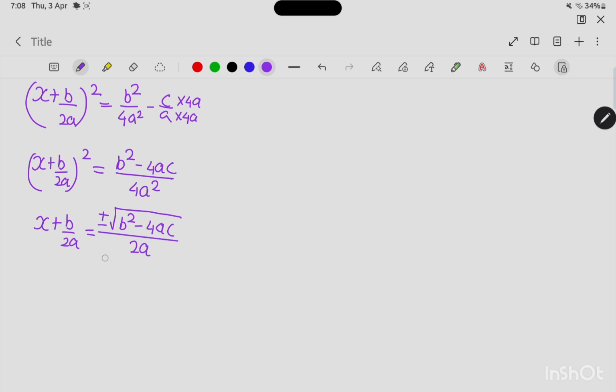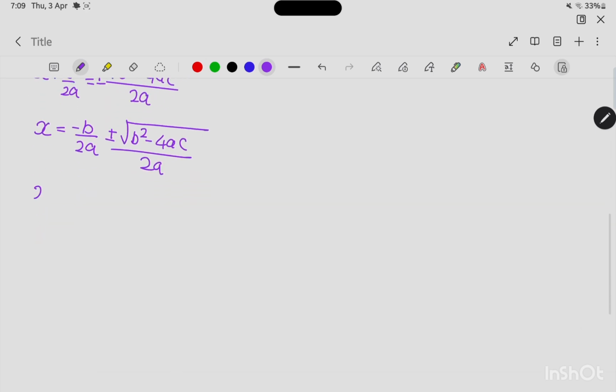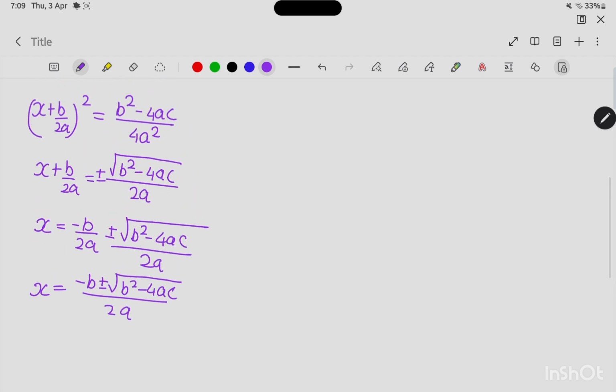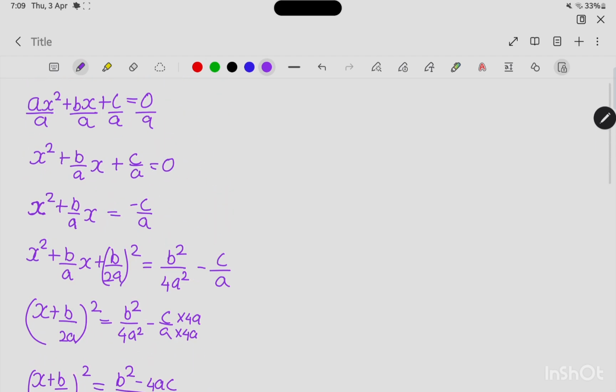The best way to represent this is to put the plus or minus here. Now taking this to the other side, you'll have minus b by 2a plus or minus root b square minus 4ac by 2a. So basically you can write x is equal to minus b plus or minus root b square minus 4ac by 2a.